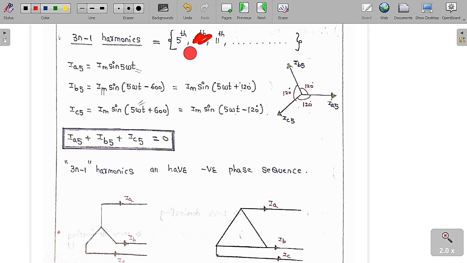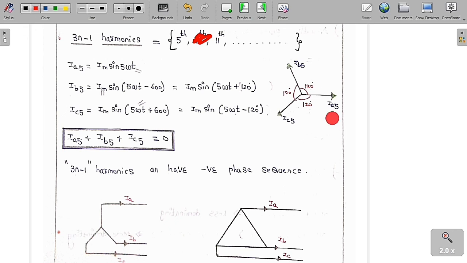So now you will see what is the nature of the fifth harmonic. Ia5 is equal to Im sin 5 omega t. This is the phase reference of Ia5, and Ib5 is nothing but Im sin of 5 times (omega t minus 120). So take 5 inside, 5 omega t minus 5 into 120, which is nothing but 600. With simplification we get Im sin (5 omega t plus 120), means now it is leading the Ia5.